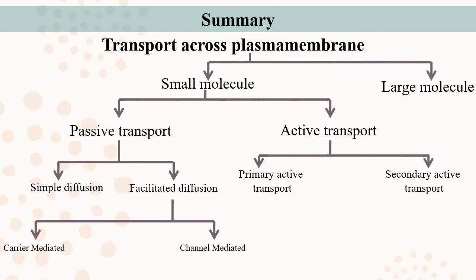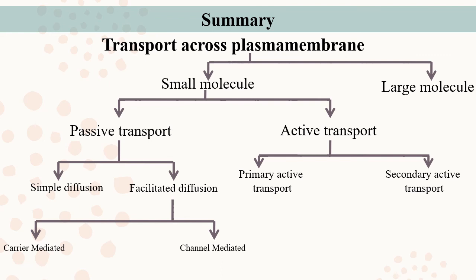To summarize the transport process across the plasma membrane, two types of molecules are involved. Here we have discussed only the transport process involving small molecules. There are two ways of transport. One is passive transport and another one is active transport. In passive transport, molecules flow from higher to lower concentration.